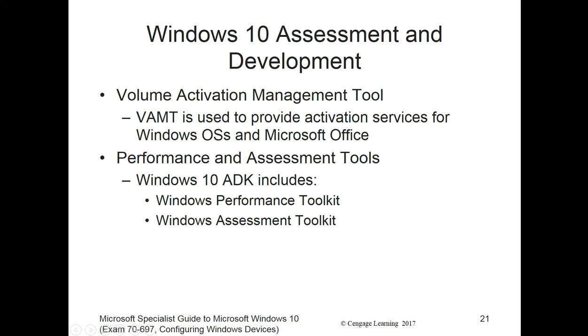Now, also in that assessment and deployment, we've got Volume Activation Management Tool, VAMT. That's used to provide activation services for Windows OSs and Microsoft Office. We've got Performance and Assessment Tools. Now, the Windows 10 ADK includes the Windows Performance Toolkit and the Windows Assessment Toolkit.